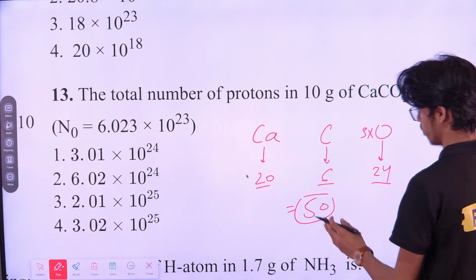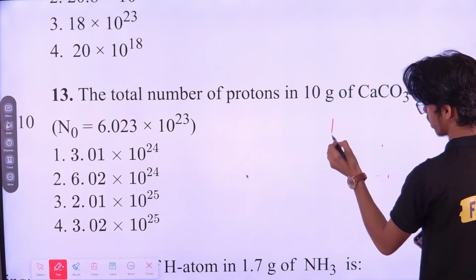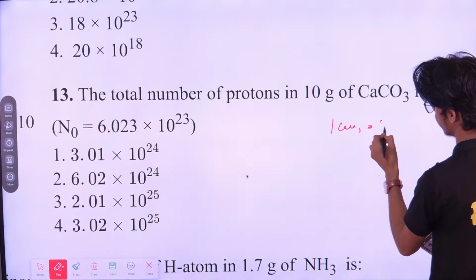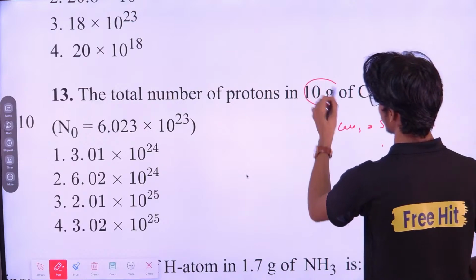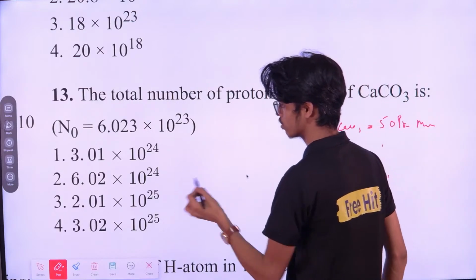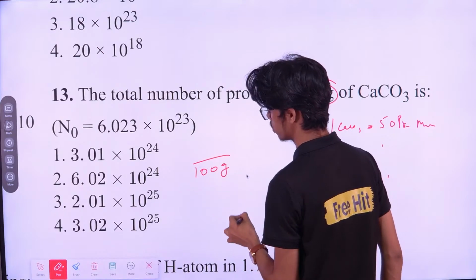So it means the mole ratio is how much? 1 mole of calcium carbonate is equal to 50 moles of protons. So how many moles are there in 10 gram? What is the mass of calcium carbonate? Sir, 100 gram. 100 gram is the molecular weight.